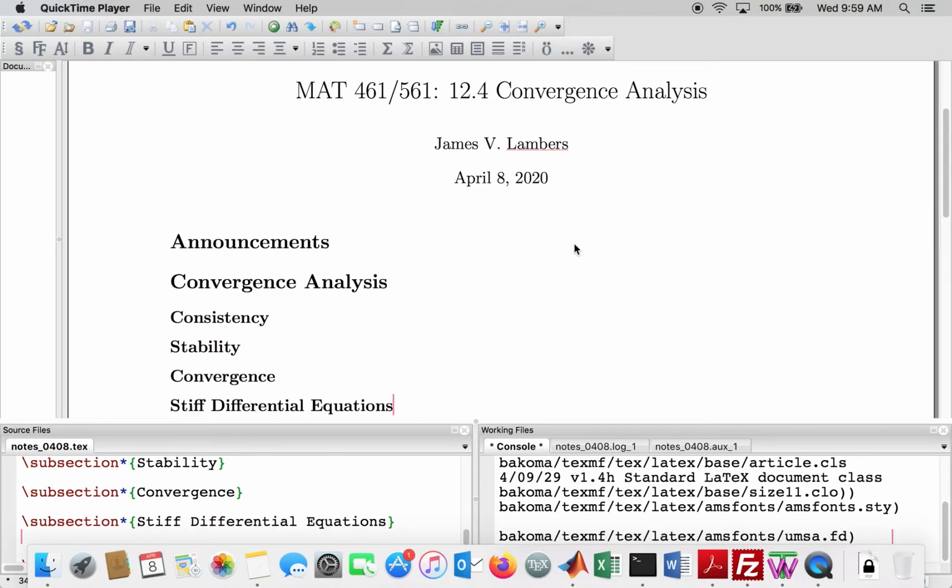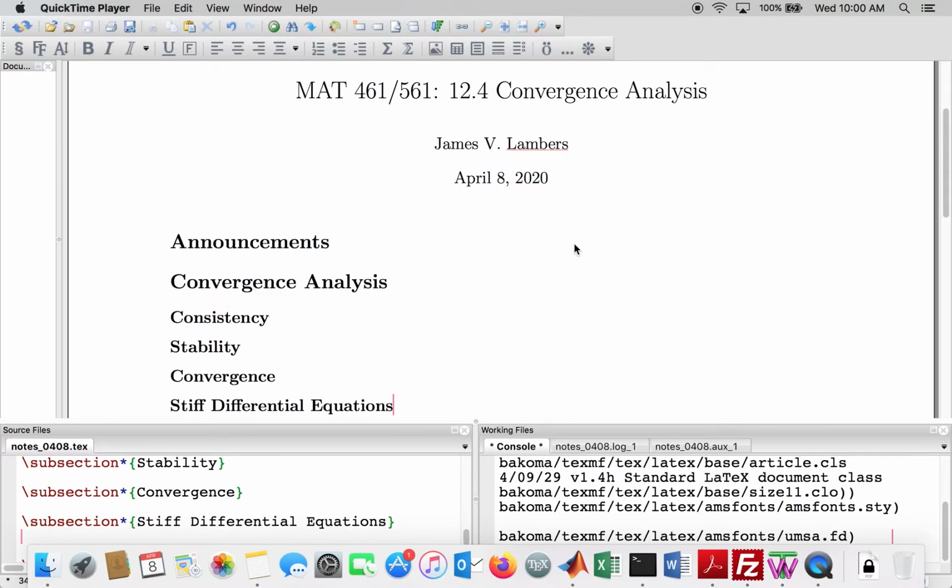So for the next few class periods, we're going to get more theoretical about the time-stepping methods for ODEs that we've seen, both one-step and multi-step methods, and get an understanding of when they converge and their order of accuracy, etc. We're going to break this section 12.4 into three lectures: today, next Monday, and next Wednesday.